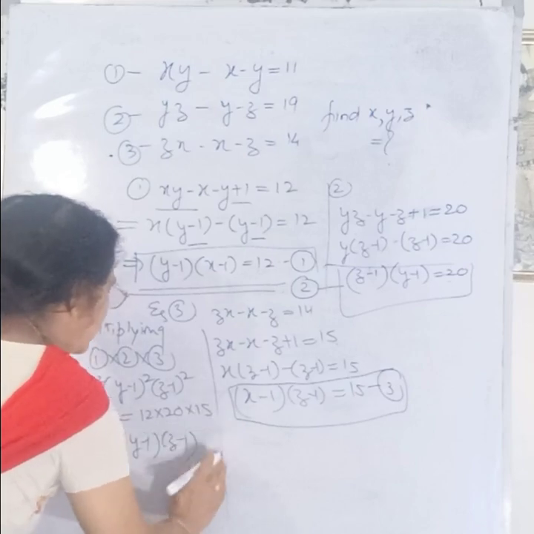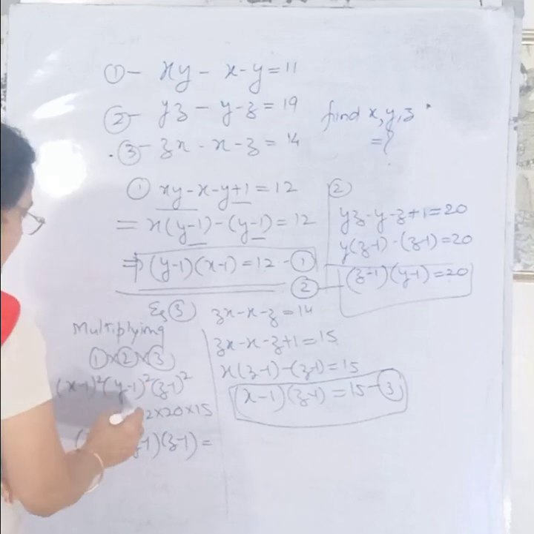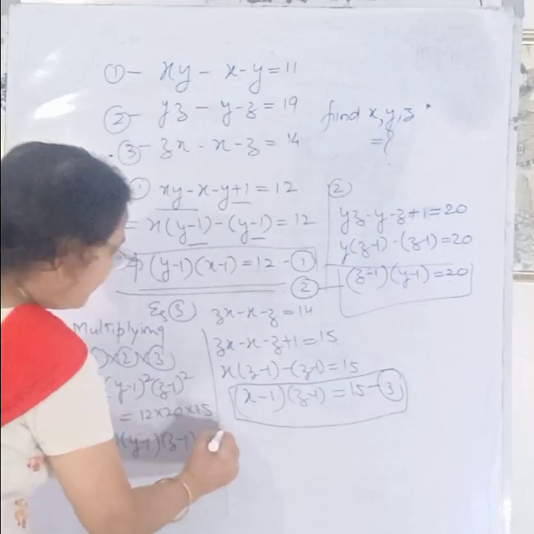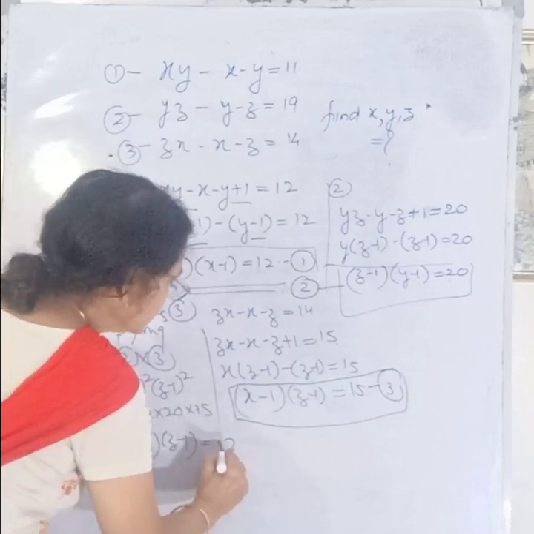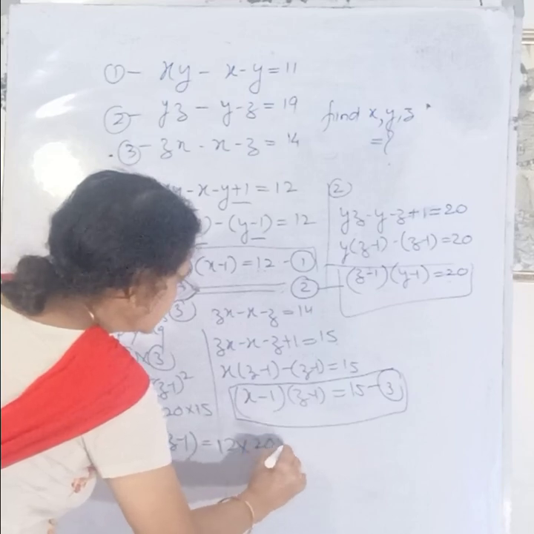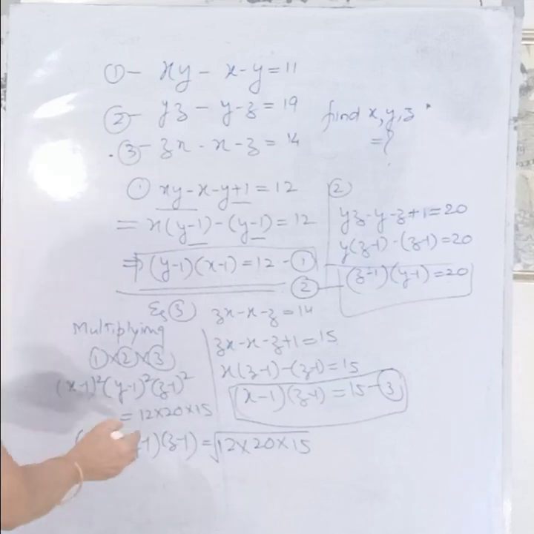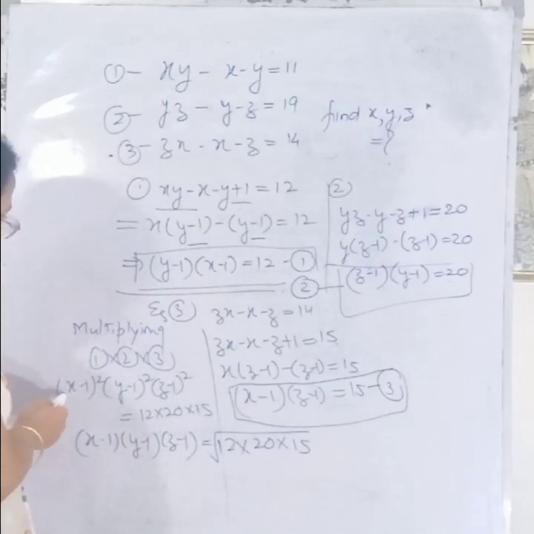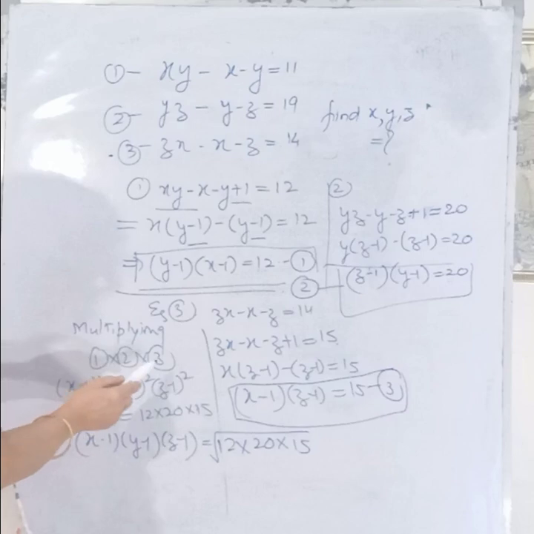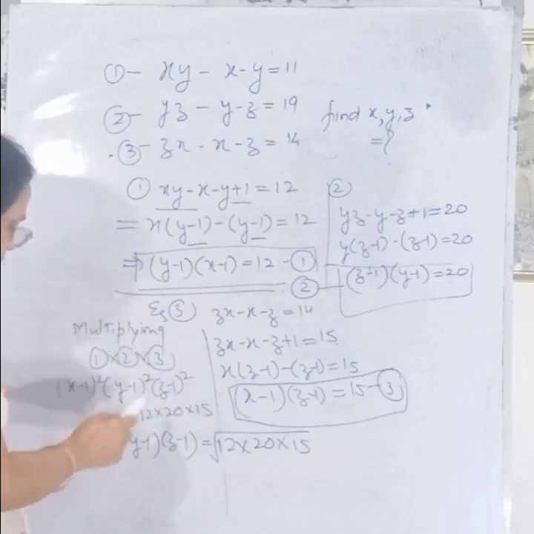This will be equal to the root of 12 into 20 into 15, because this was the square of x minus 1, square of y minus 1, square of z minus 1 equal to 12 into 20 into 15.